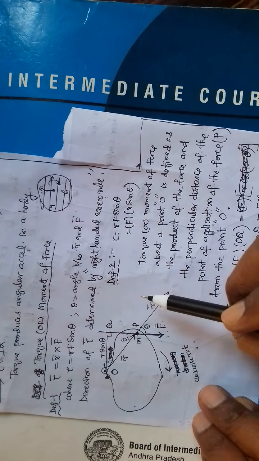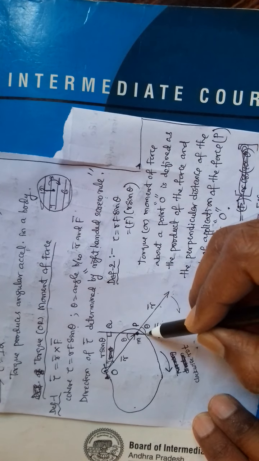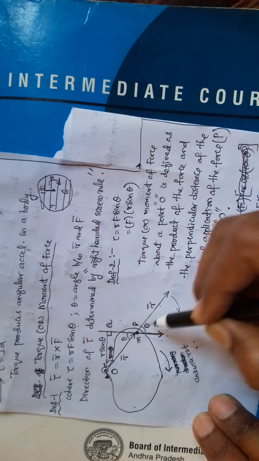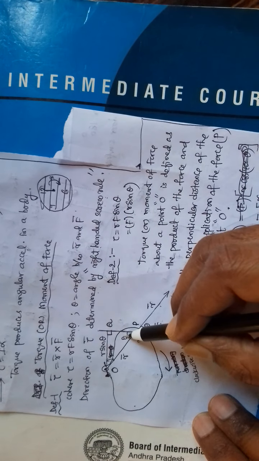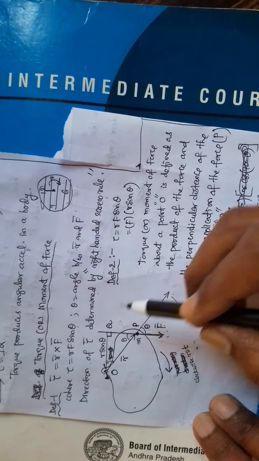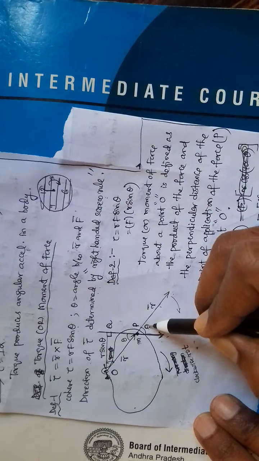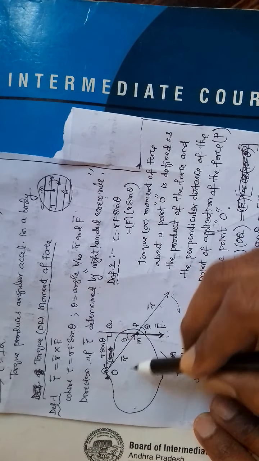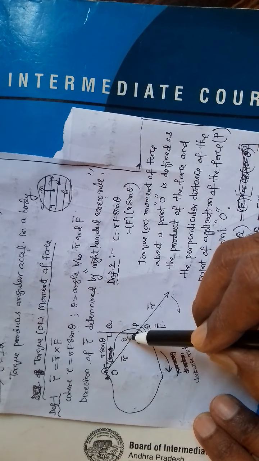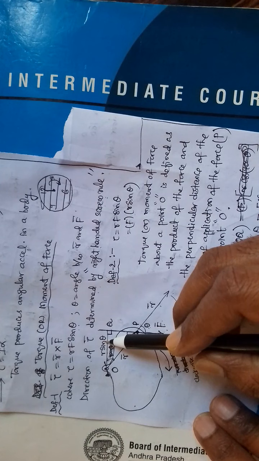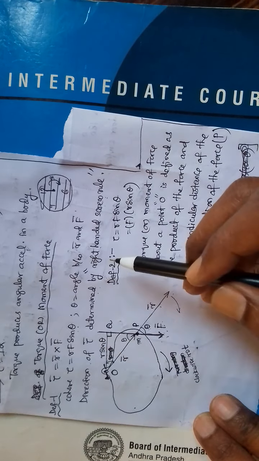Theta is always the angle between R and F, and if this is theta, this is also theta, because opposite angles are equal. Now this is the R vector, and to this angle theta, this is the opposite side. Therefore, if this is R, this becomes R sin theta.